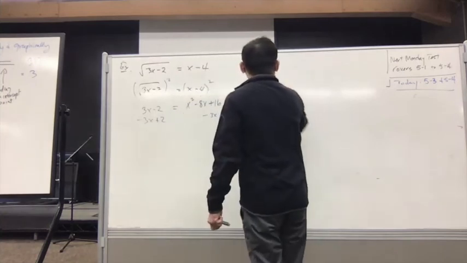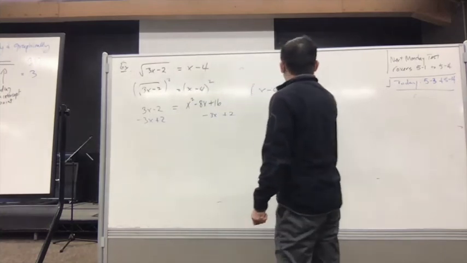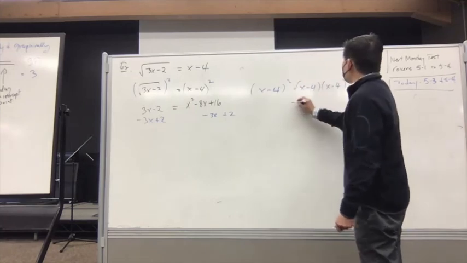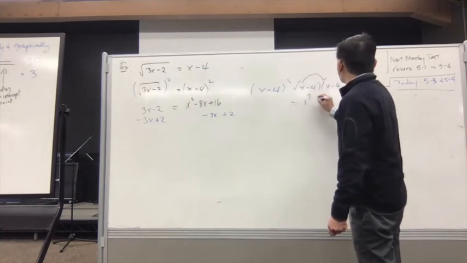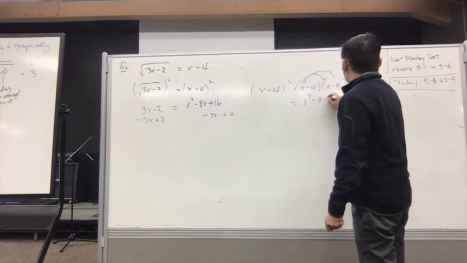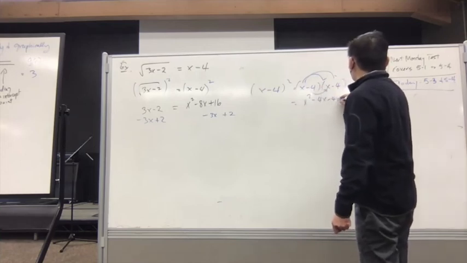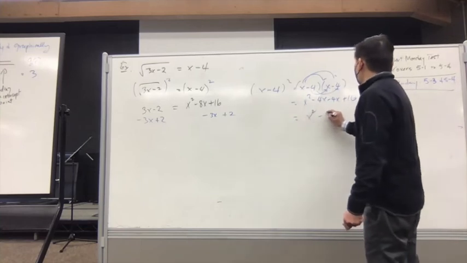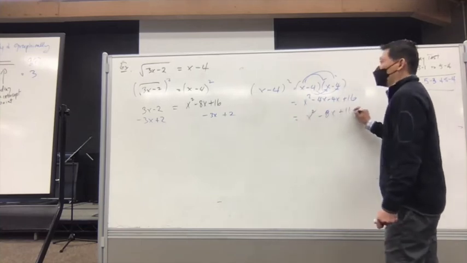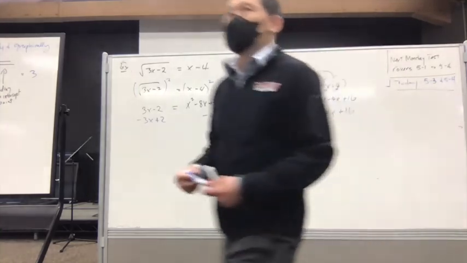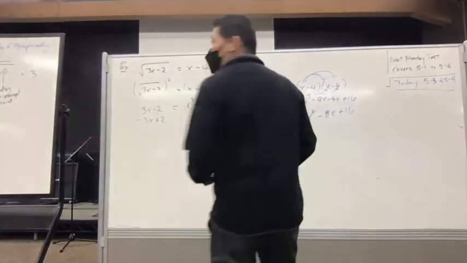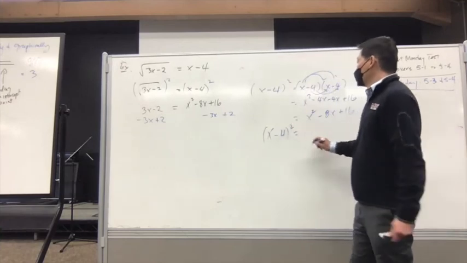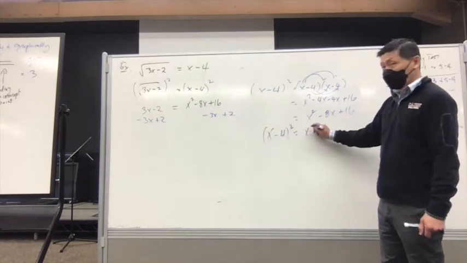X minus 4 squared is x minus 4 times x minus 4, which is x squared minus 4x minus 4x plus 16, x squared minus 8x plus 16. You gotta get this down, okay? Yeah, a lot of people mix this up. I still see goofy mistakes like this, really goofy.